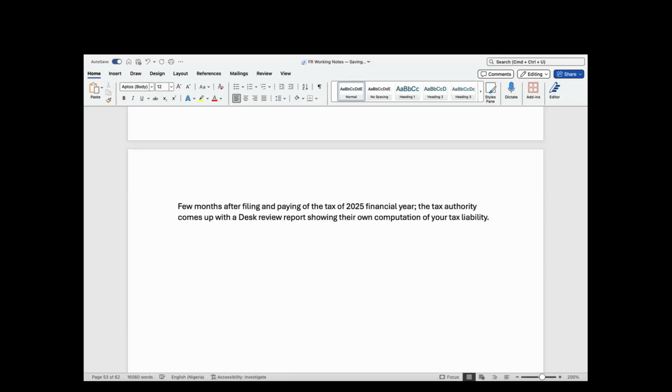Let's assume that, okay, it's a long process. You go there, you provide documents, you do this, it's a lot. So let's say the tax liability was finally agreed at 55,000 naira. You know, this is now the actual liability.